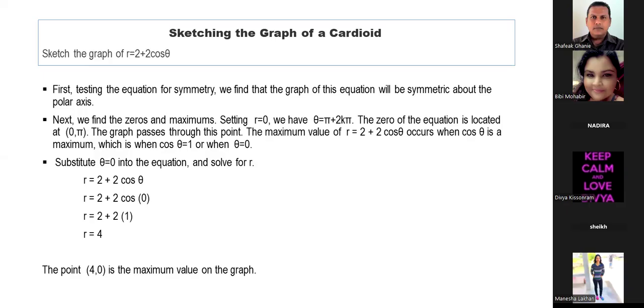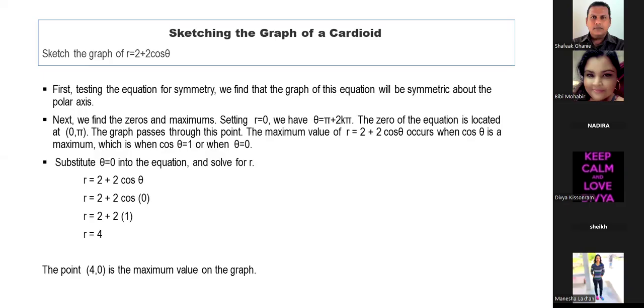Now, from this we would know the range that we will be using. It would be from 0, which is the origin, to pi. So the most relevant angle in the interval is 0 to 2 pi, and theta is pi, giving the point (0, pi), which lies on the origin.